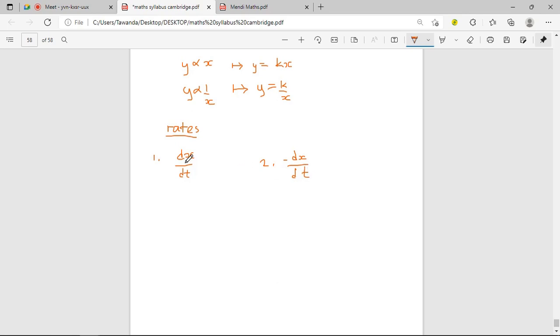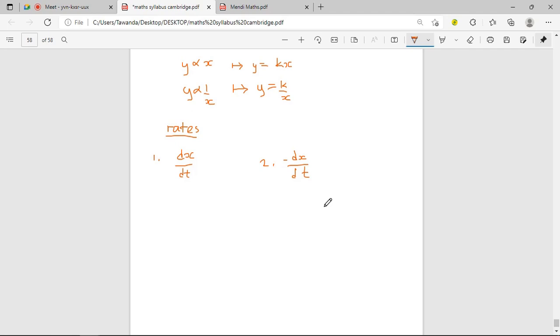So if a variable is increasing with respect to time, this rate will be positive, right? And if a variable is decreasing with respect to time, this derivative is going to be negative, right?